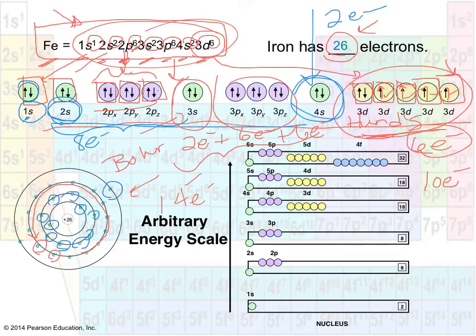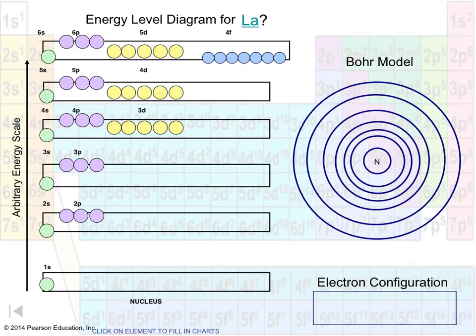All right, so let's give you a chance. Lanthanum. I would like you to look that up on your periodic table, find out how many electrons there are, and then I would like you to go ahead and write out its longhand electron configuration.